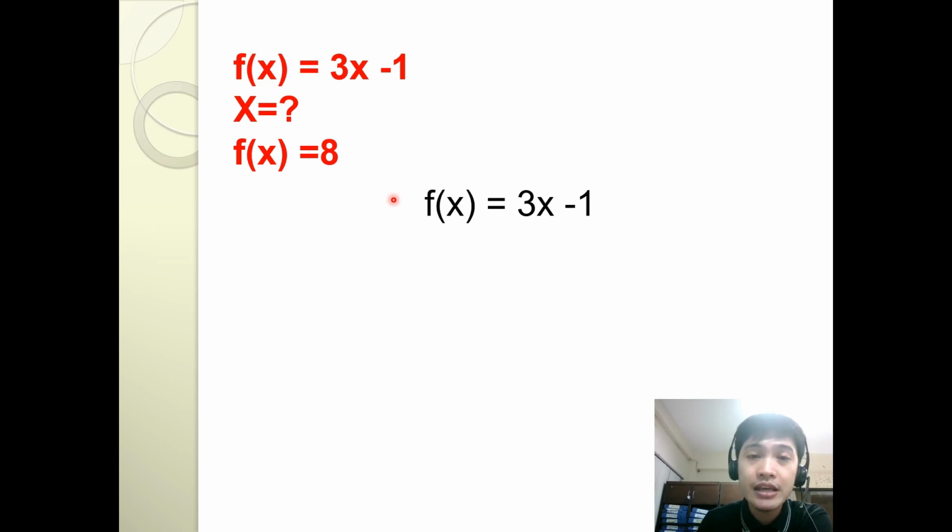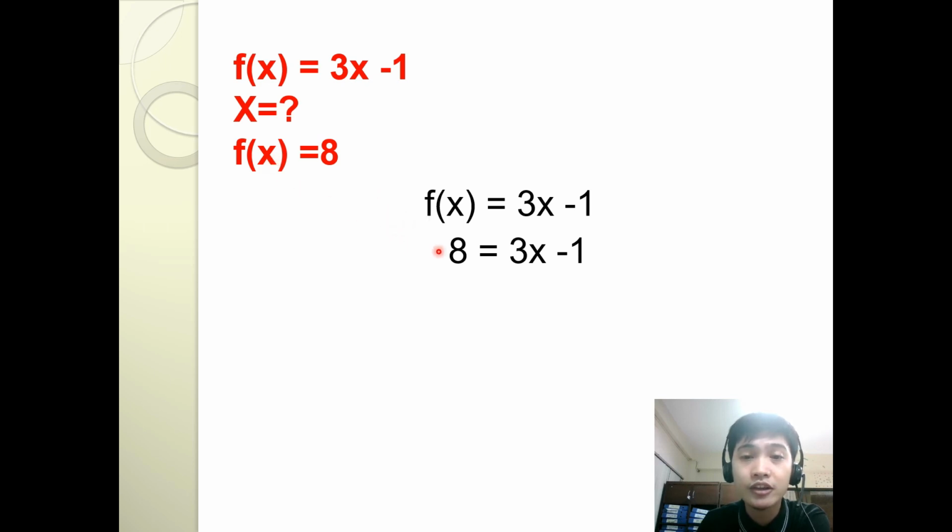Ngayon, since dahil ang f of x natin ay may numerical value na 8, at yung buong linear function natin na given ay f of x is equal to 3x minus 1, pwede nating sabihin that 8 is equal to 3x minus 1. Bakit po naging 8 yung f of x? Because in our given, f of x has a numerical value of 8. So, sinubstitute lang natin yung value ni f of x dito.